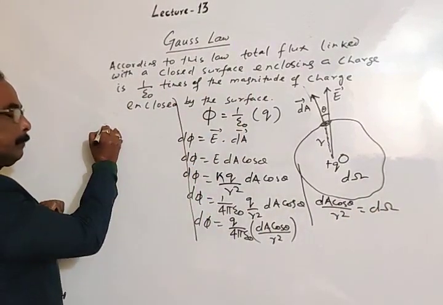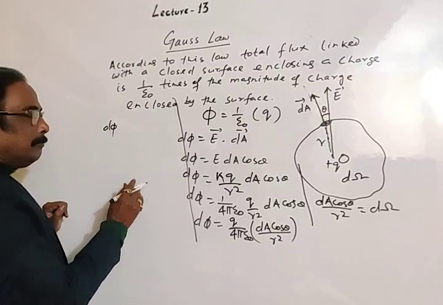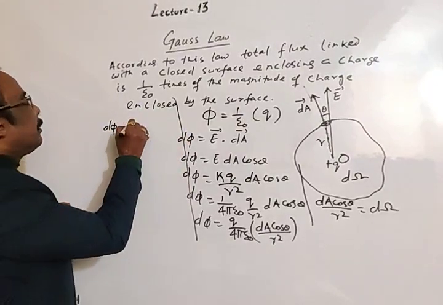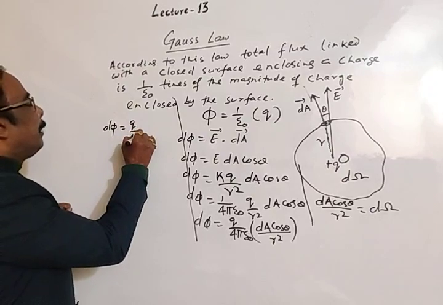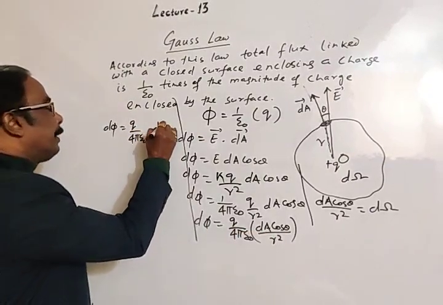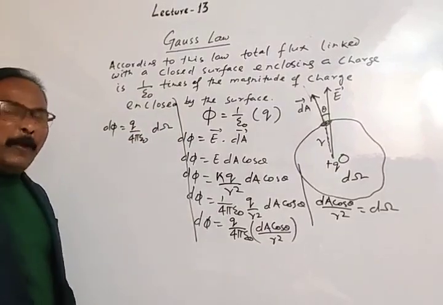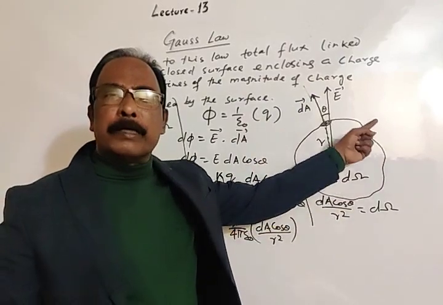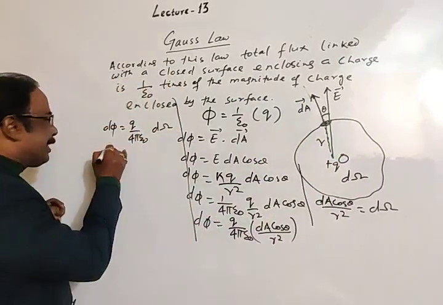Now d phi, the flux linked with the elemental surface dA, is given as q divided by 4 pi epsilon naught into dA cos theta by r square. We may take d omega. Then what is the total flux linked with the whole surface? Let's integrate both sides.